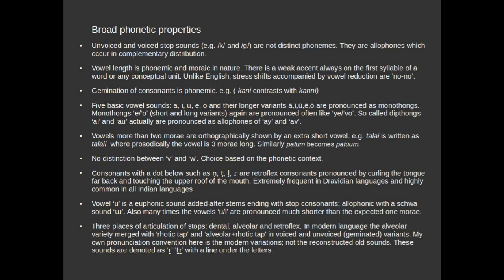And there are two sounds, ai and au, which are usually called diphthongs, but in this language, they are pronounced almost like a free variant of ai and au, almost like ai and av. So ai, au, ai, au, ai, av. These are the variations of the same sound.